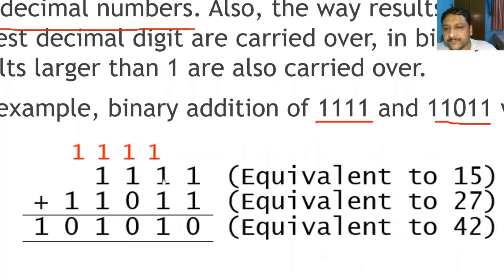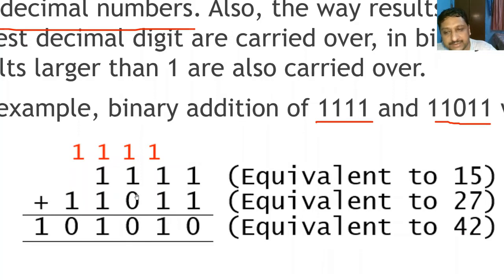From the rightmost side we have to do like this. 1 plus 1 will become 10, so 0 we have written here, then 1 we have carried forward here. Then 1 plus 1 plus 1 has come here, then it will become 11. 1 is written here and 1 is carried forward here. Then again 1 plus 1, it will become 10.